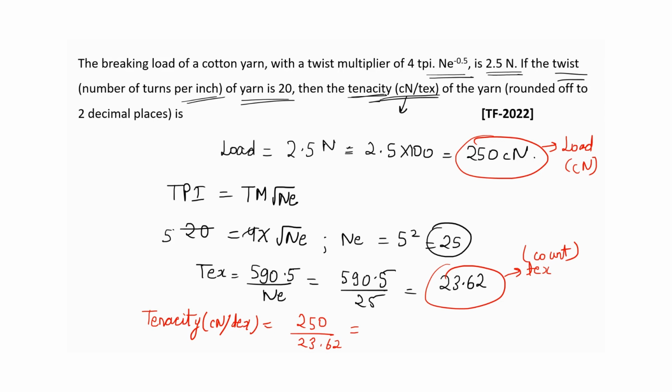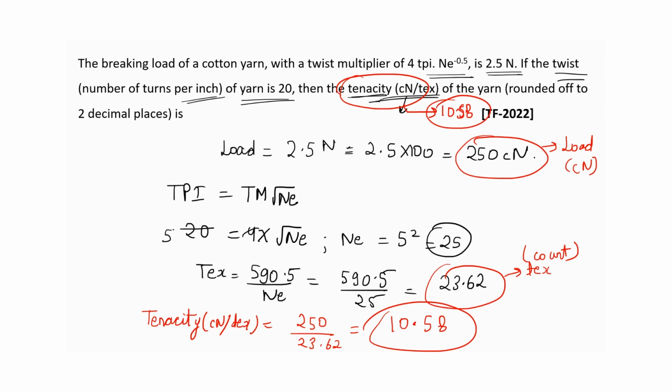If you calculate this, it will come out to be 10.58 centi-newton per tex, and this is the answer. I think you must have understood the basic concept behind all these things. The special thing to note is the basics of units and the basic formulas, and then you can calculate thereafter.